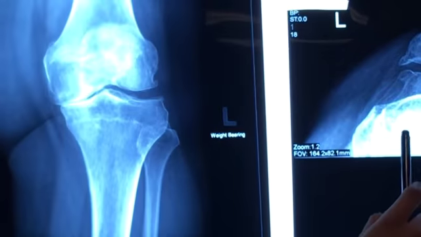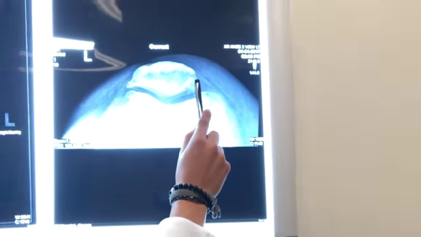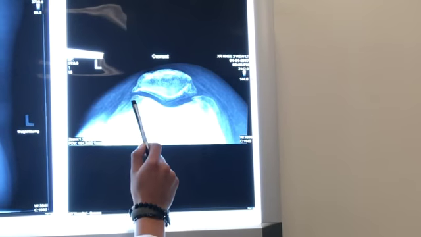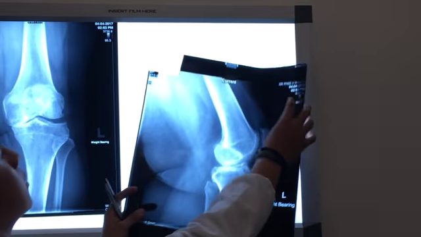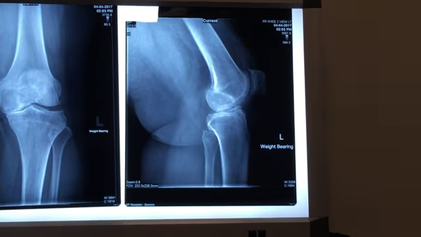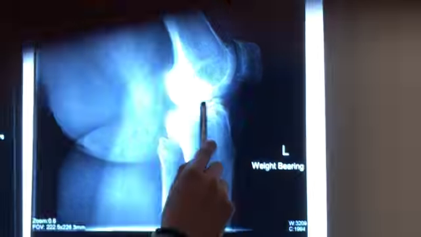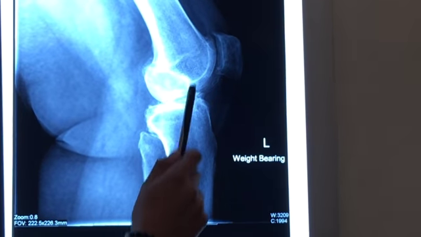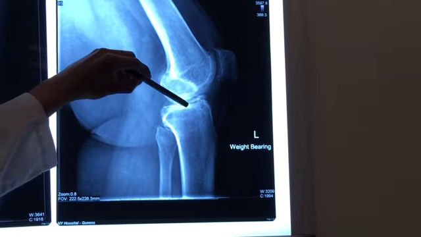And when we come over here to the sunrise view, we can also see even more bony spurs right here. The pathology that she had is more evident in the lateral view, because there is no joint space right here. And there's some slight rotation as well, as you can see here.